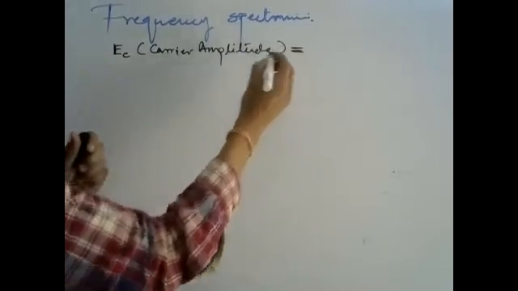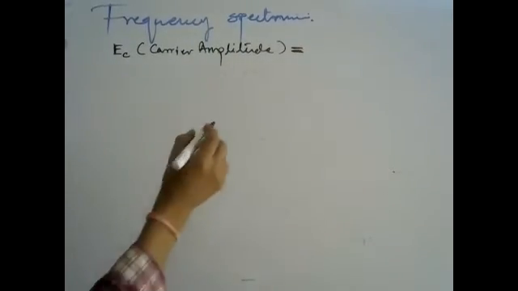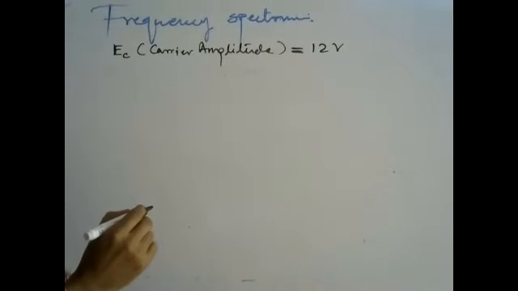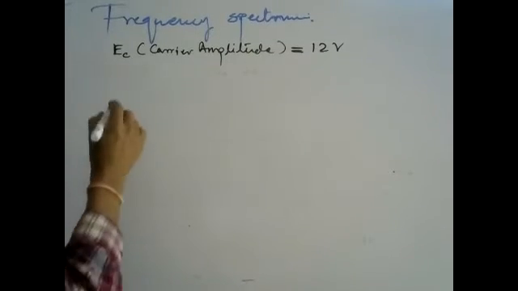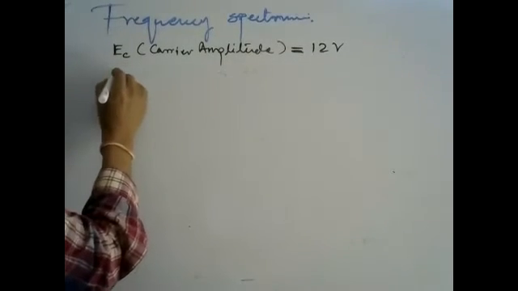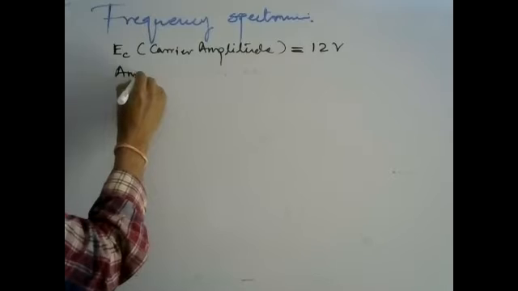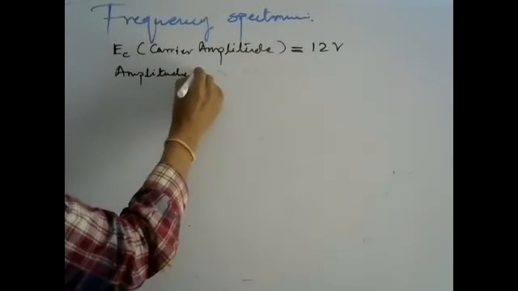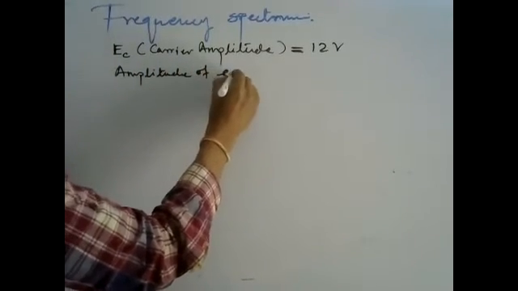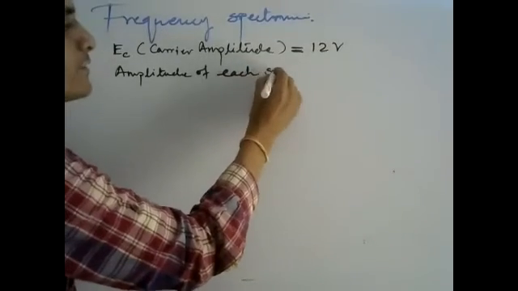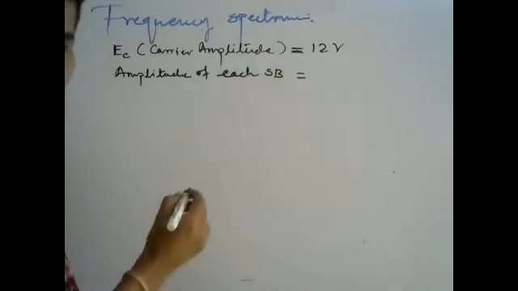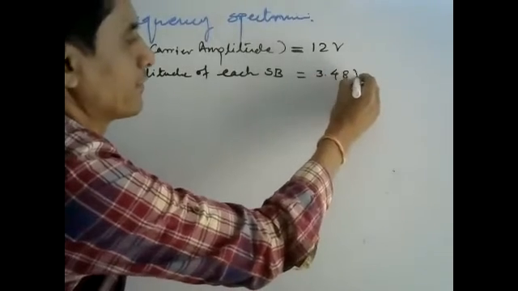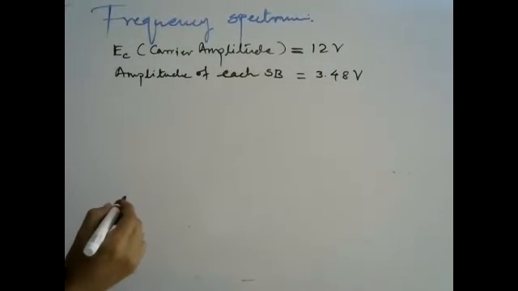What is the carrier amplitude? 12 volt. Is it correct? Carrier amplitude is 12 volt. What is the amplitude of each sideband? Each sideband, what is that value? 3.48 volt. Okay.